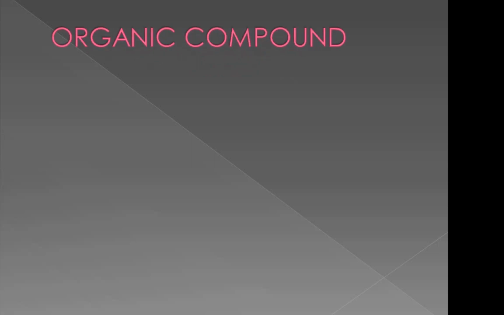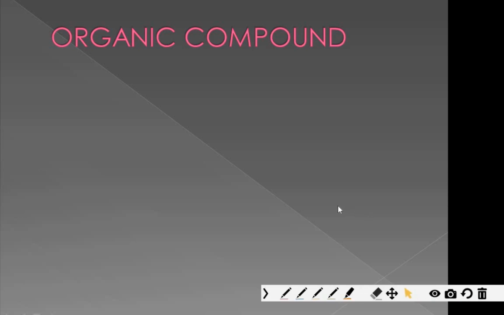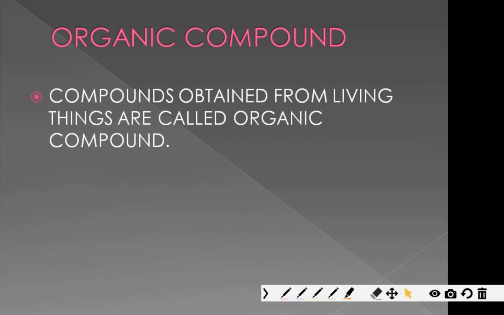Next, it's organic compound. Yes, from here the basic sense of organic chemistry is going to start. Okay, now compounds obtained from living things are called organic compound. Organic compounds are the compounds that we obtain from the daily living things that we see.